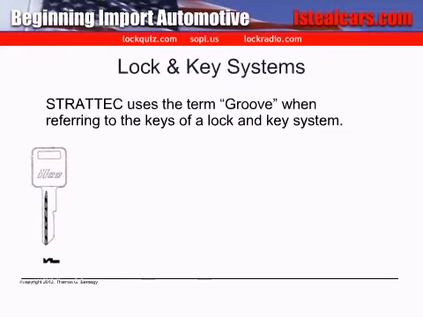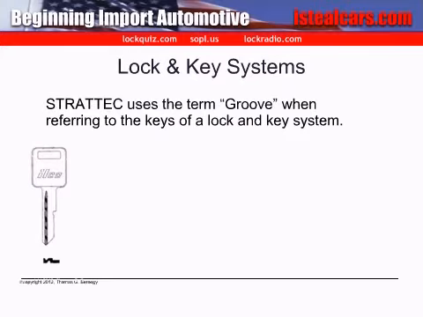To make it easy to identify, Strattec assigns the groove a specific number or letter and includes it in the system specifications. For example, the General Motors 10-cut system introduced in 1994 includes a master key groove number 75 and a valet key groove number 88. So why assign a single letter or number to a groove?